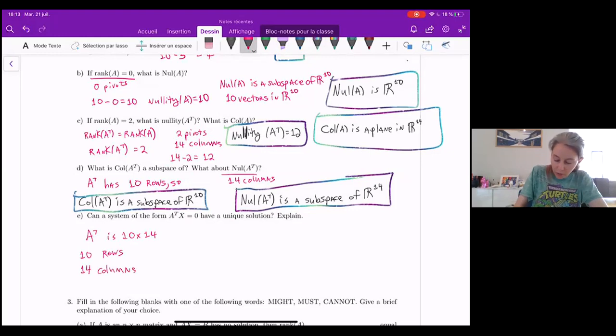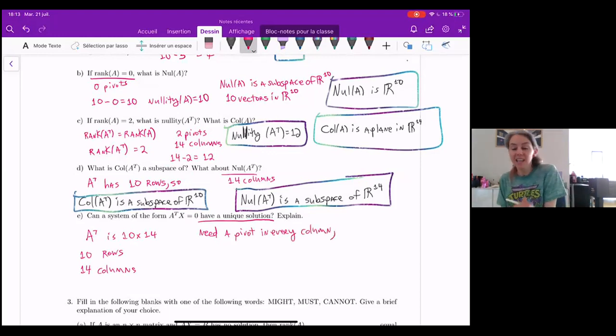Now, to have a unique solution, I would need to have a pivot in every column. But because there are 10 rows, the maximum rank, the maximum number of pivots, is equal to 10.